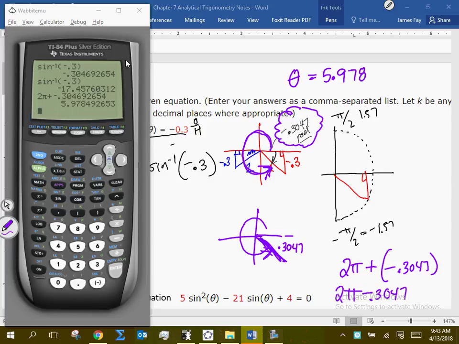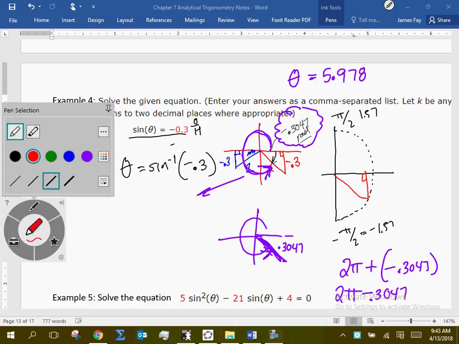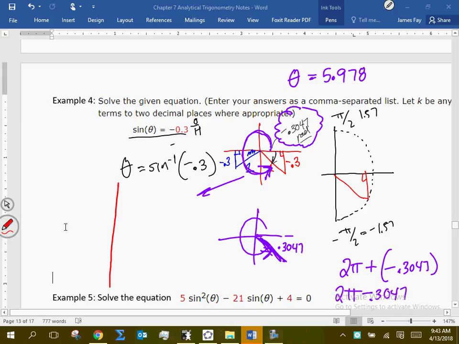But looking at, and I'm going to redraw this red picture just because of the clutter. If this was negative 0.3, this was 1.